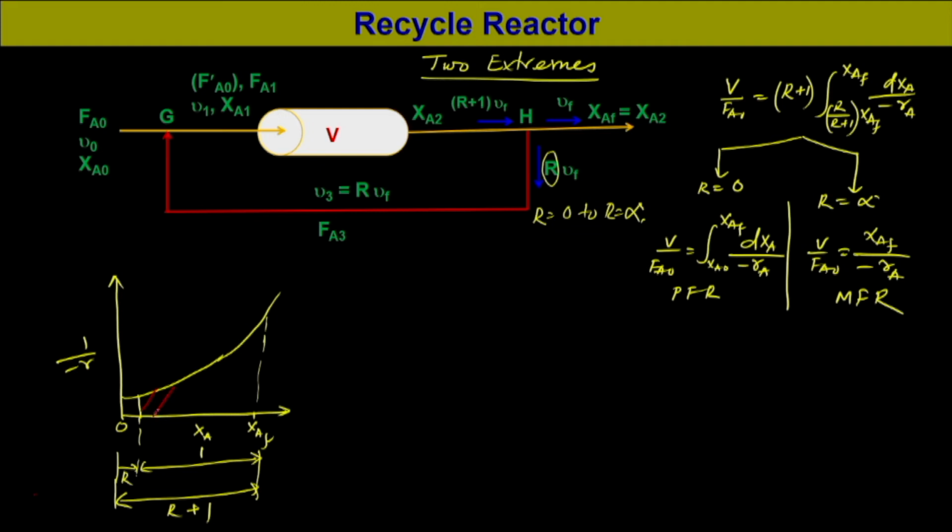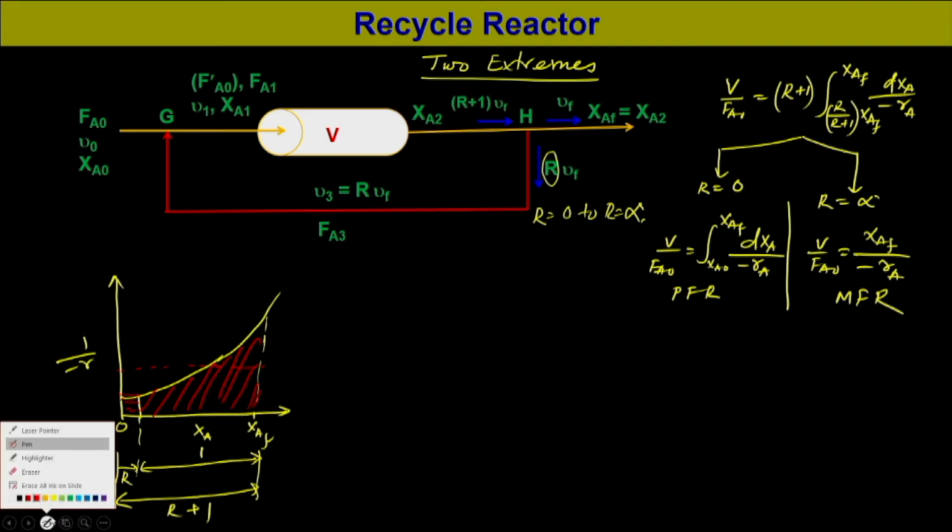So, the area under this curve is the plug flow reactor volume requirement, and this area would be the CSTR area. So, the average area requirement would be something about this.